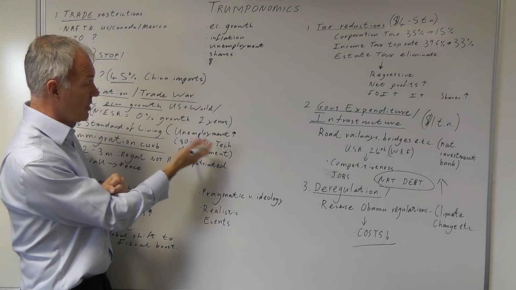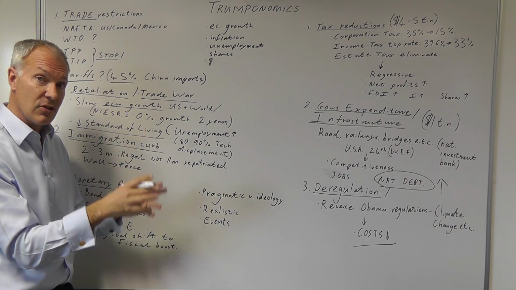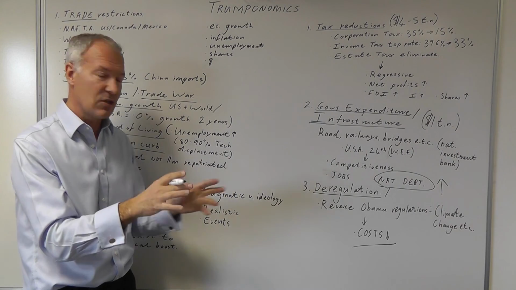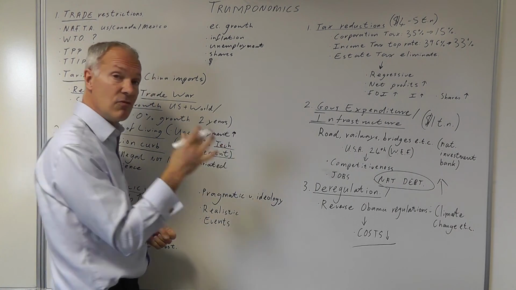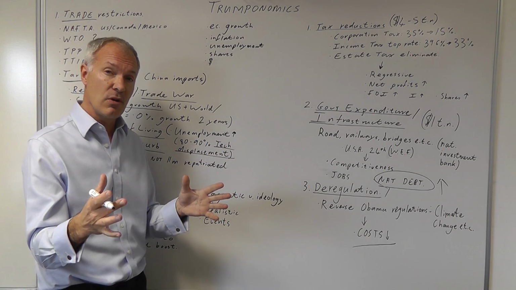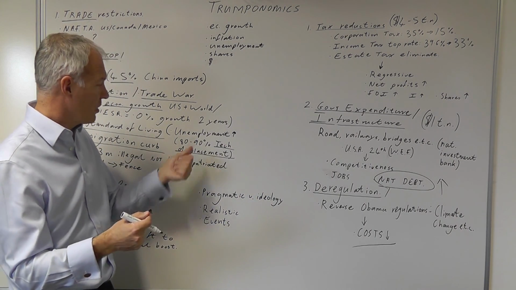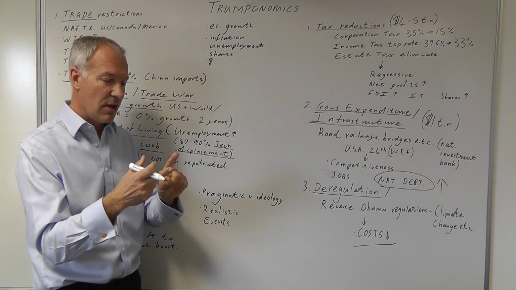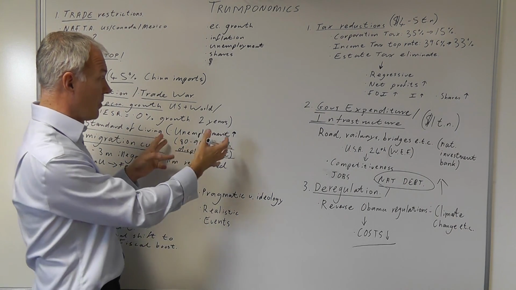And indeed, the anti-globalisation and anti-trade rhetoric is at odds with the reality, because 80 to 90% of the jobs lost in manufacturing in the US, according to most academic studies, or all academic studies really, are displacement as a result of new technology. So it's what we call structural unemployment in the language of economics, because these workers have the wrong skills and they're in the wrong place, and they've been replaced by technology.